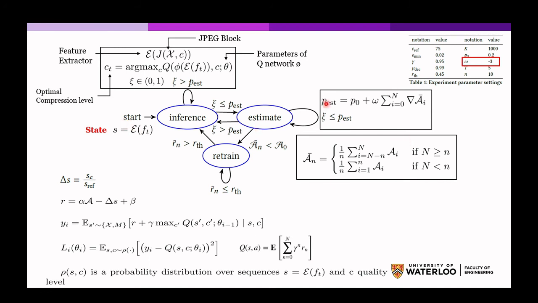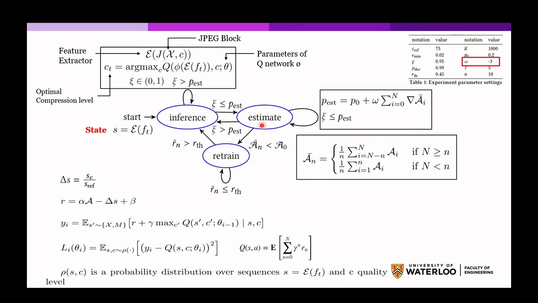An alternative formulation of the changes of P estimate is to make it inversely proportional to the gradient of the accuracy, meaning that when the accuracy is going down, we should increase the P estimate. Why? Because we should increase the chance of the estimate stage over inference to keep checking the accuracy.